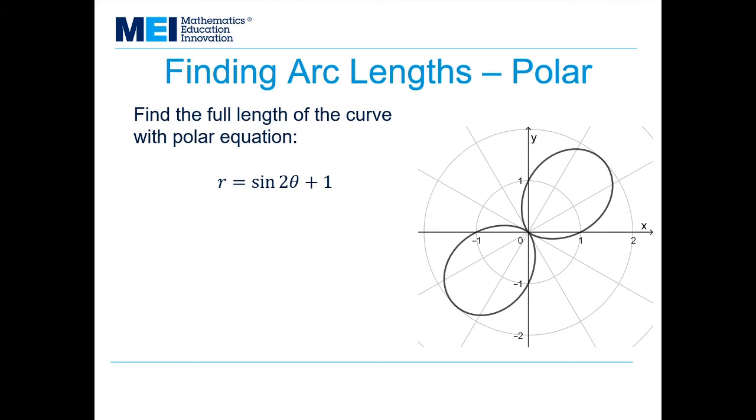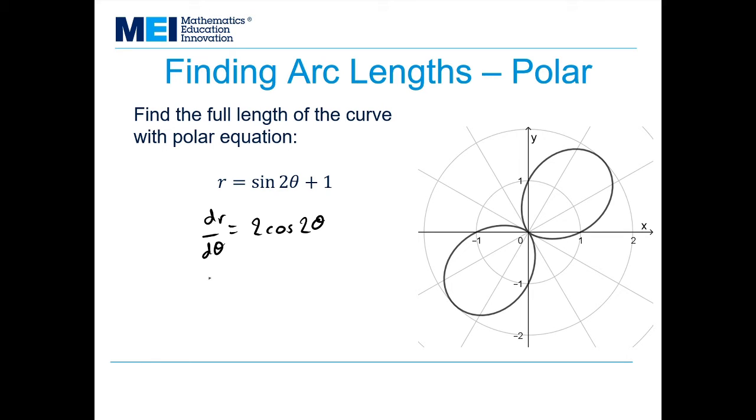So let's have a look at how to use this in an example. Find the full length of the curve with polar equation r equals sine 2 theta plus 1. So we looked at this curve in a previous video. Firstly, I want to work out dr by d theta. So dr by d theta equals 2 cos 2 theta.